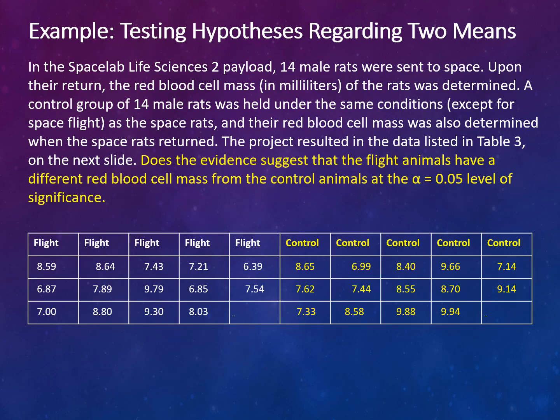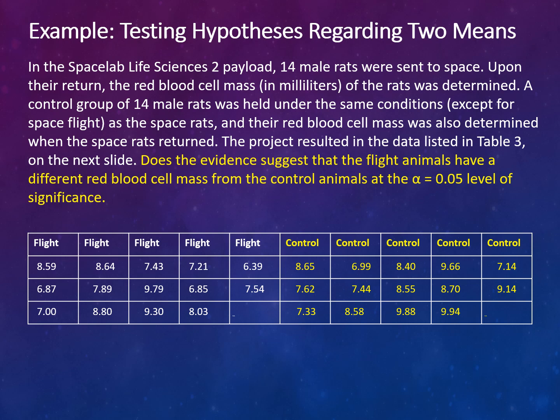So looking at the example, in the Space Lab Life Sciences 2 payload, 14 male rats were sent to space. Upon their return, the red blood cell mass in milliliters of the rats was determined. A control group of 14 male rats was held under the same conditions except for spaceflight as the space rats, and their red blood cell mass was also determined when the space rats returned.